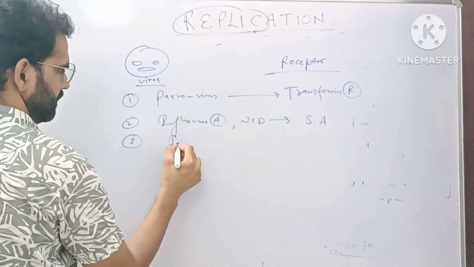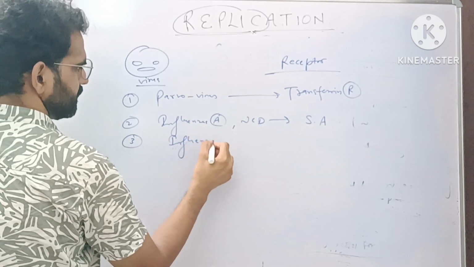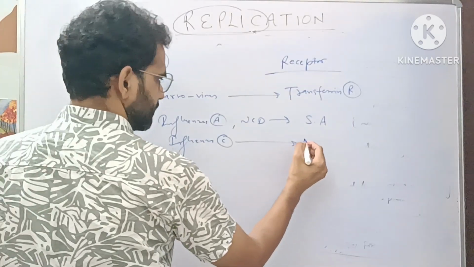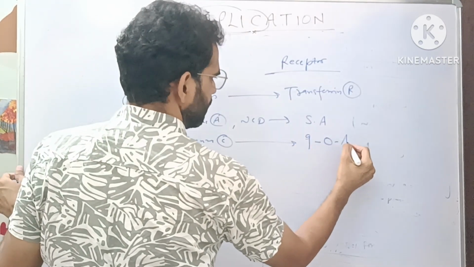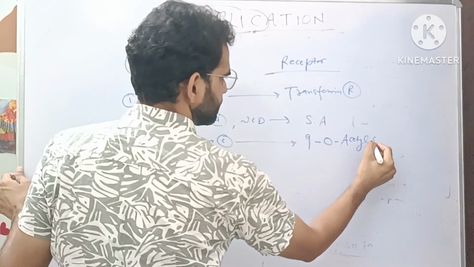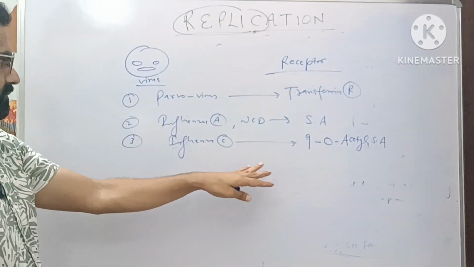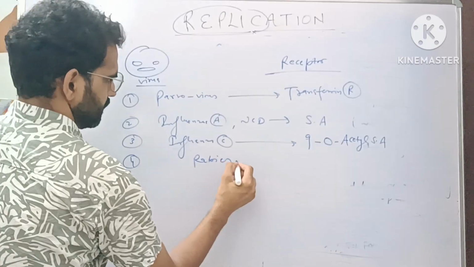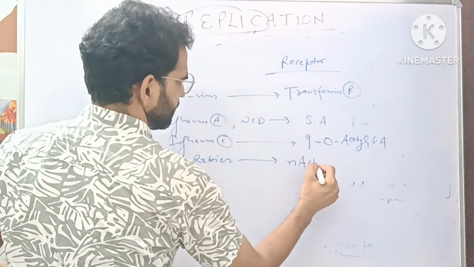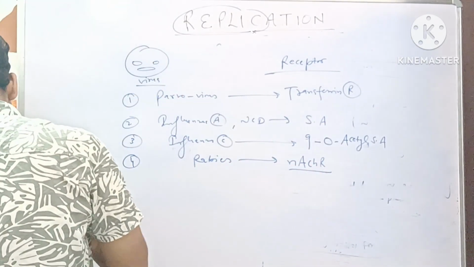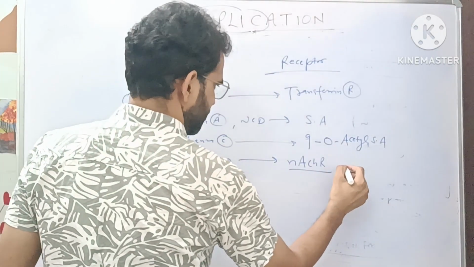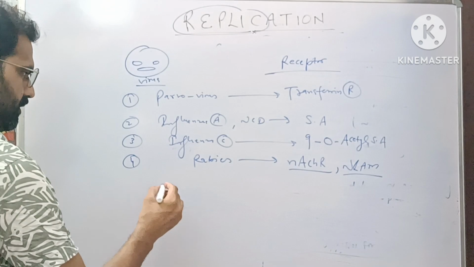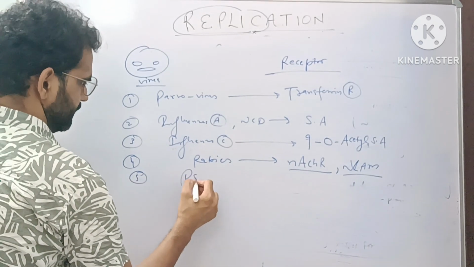Then number 3, influenza virus type C. Type C is having a different receptor, known as 9-O-acetyl sialic acid. Then number 4, rabies. Rabies is having the acetylcholine, means cholinergic receptor, and one more is NCAM, an adhesion molecule.